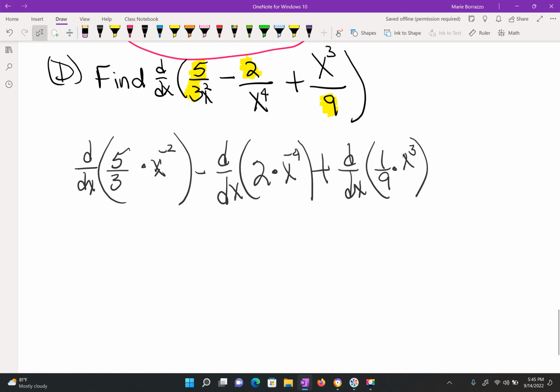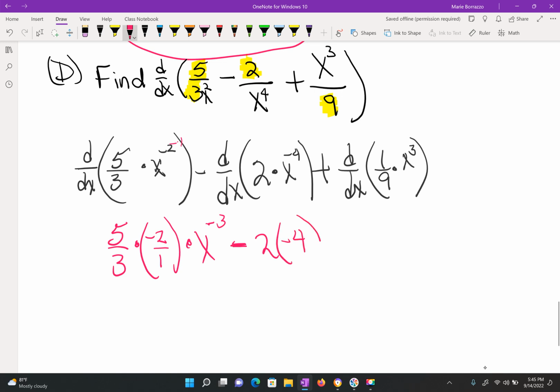All right, and so if I multiply this, this becomes 5/3 times -2/1, technically, right? And this is times x to the -3, because I'm going to take away 1, so x to the -3, minus, this is 2 times the -4.